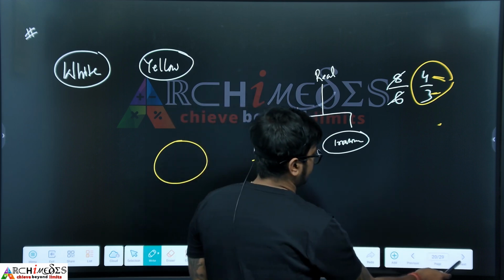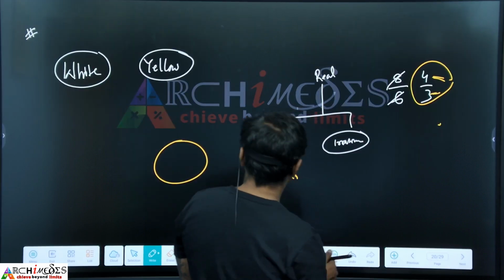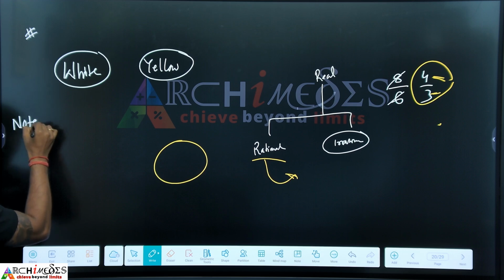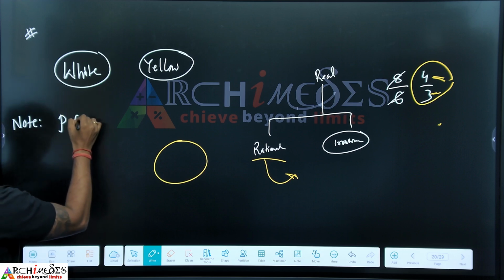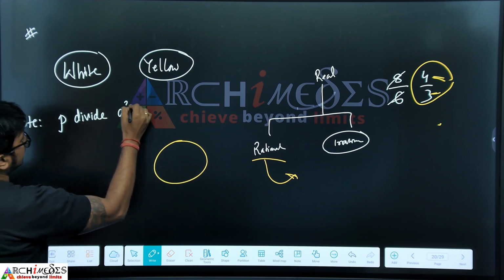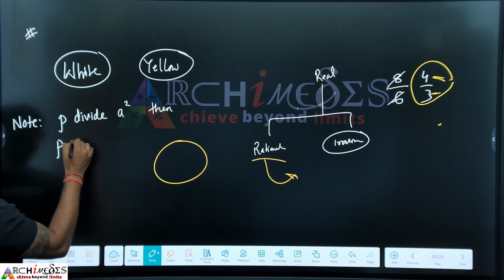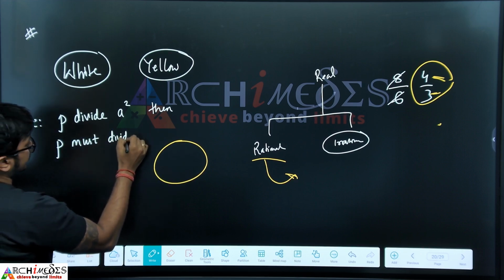Okay. Now listen carefully. Another note. Suppose P is a prime. If P divides A square, then remember that P must divide A. I'll give you the example.